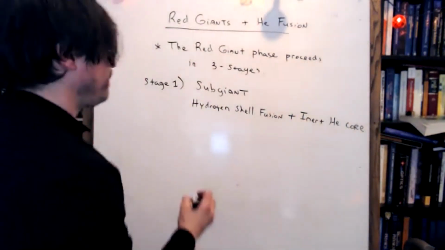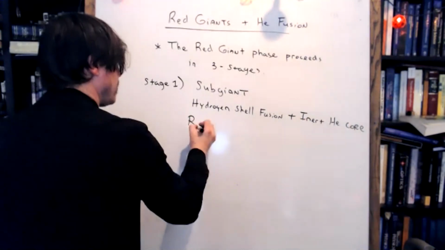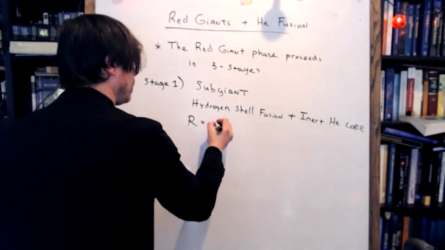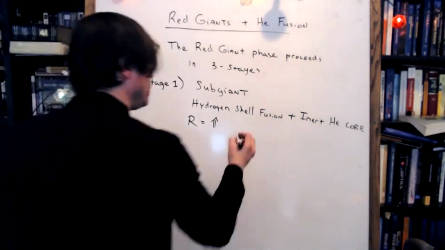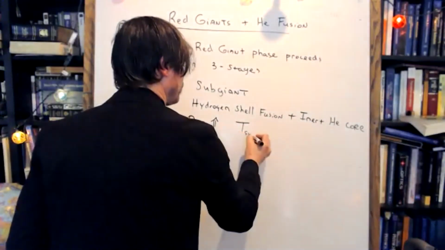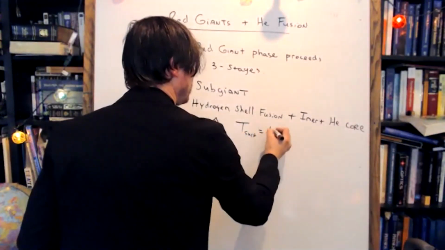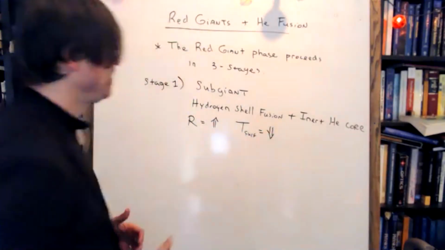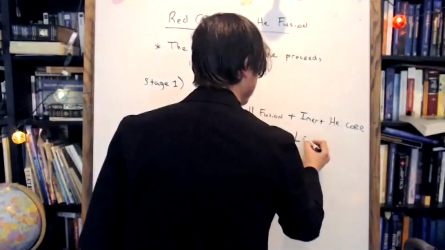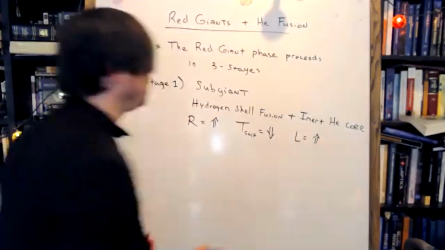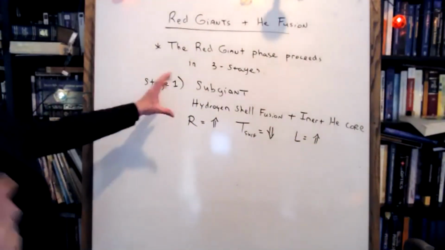During the subgiant phase, the radius of the star goes up. The surface temperature of the star, this is the surface temperature that we plot on the HR diagram, goes down. And the luminosity of the star goes up. That's what we talked about.